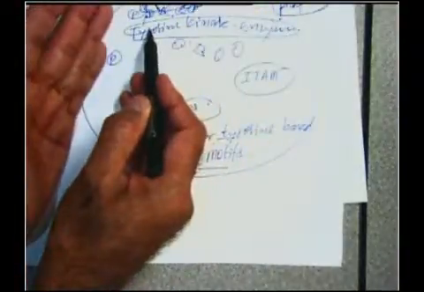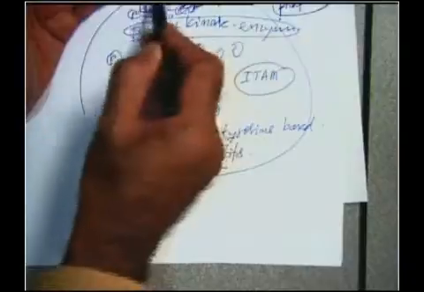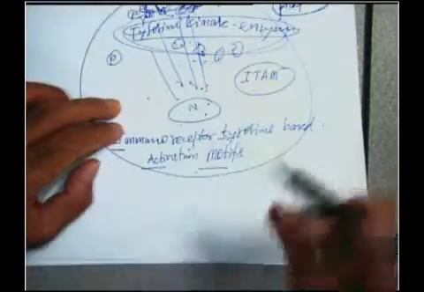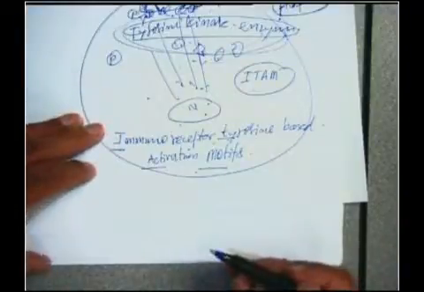They will be activated as soon as the signal is converted to these protein kinases. That is the main reason it will then go to the nucleus and convey the message, and the nucleus starts transcribing a particular protein. So this is called ITAM.